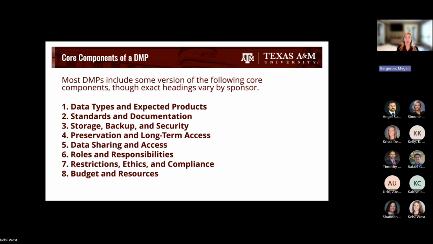That's where you will describe the kinds of data, the materials, code, software, protocols, documentation, all of those research products that your project will generate. NIH's data management and sharing plan guidance specifically asks applicants to describe the scientific data to be managed and shared, just to give you an example. And that includes the data types and the estimated amounts where appropriate.